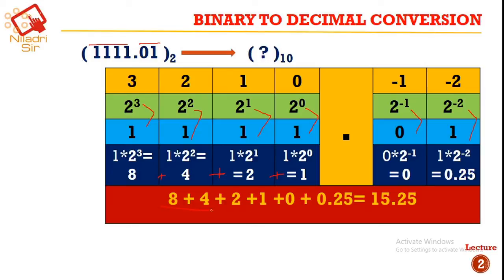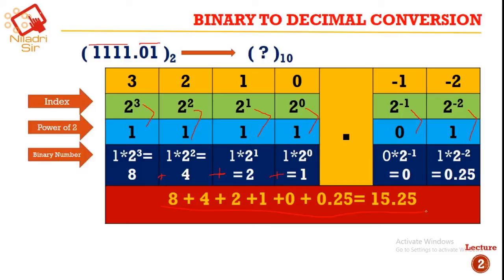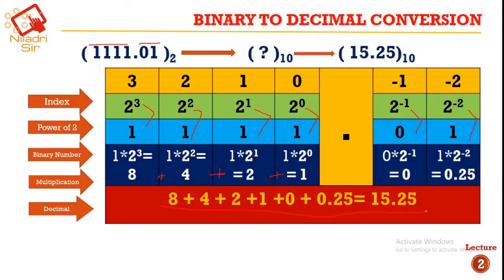So the answer will be 15.25. These are the index values, power of 2, binary number, multiplication, decimal. This is the final answer, 15.25.